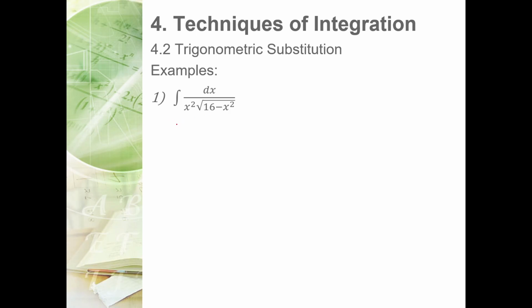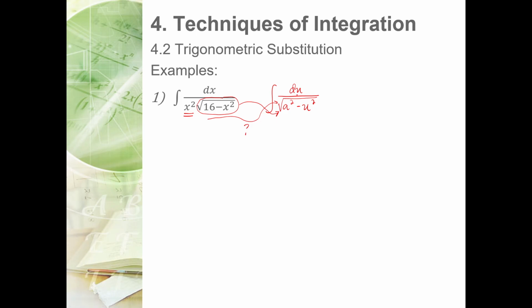Notice the format of your inverse trigonometric functions: du all over the square root of a squared minus u squared. The radical expression can be achieved by the inverse trigonometric functions, right? But the x squared is an extra term in your denominator which is not found in the formula for your inverse trig, right? It's not there.